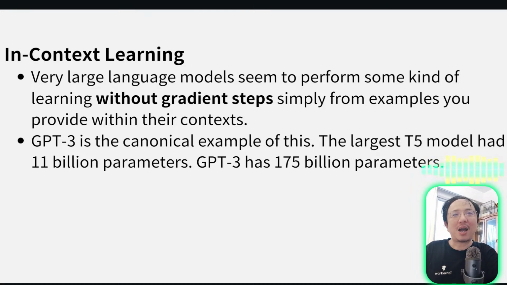The largest T5 model has 11 billion parameters, but GPT-3 has 175 billion parameters.